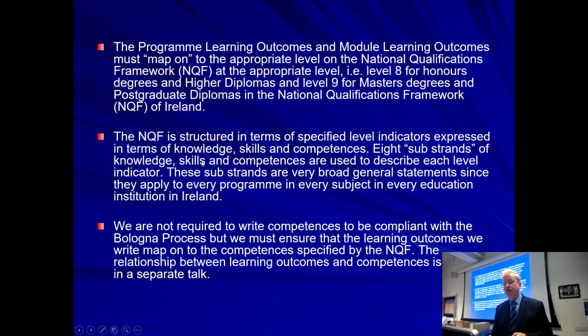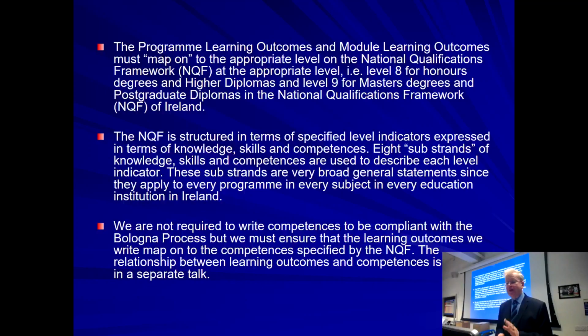Those would be the 2 main ones. And the National Qualifications Framework in Ireland, I'm afraid, is not very user-friendly, and I'll explain that in a moment, because of the fact that we were the first country in Europe to develop our National Qualifications Framework.